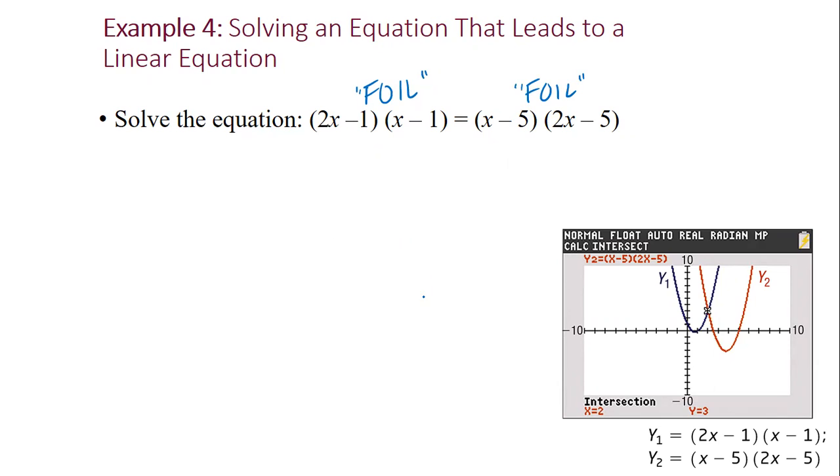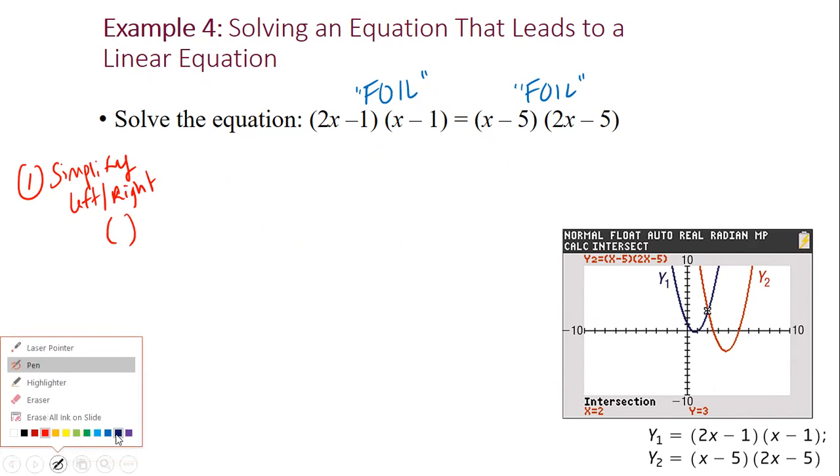So it's just the process of distributing multiple times. So for this problem, we have to simplify the left and right side first. And that's so that we can eliminate the what? Parentheses.